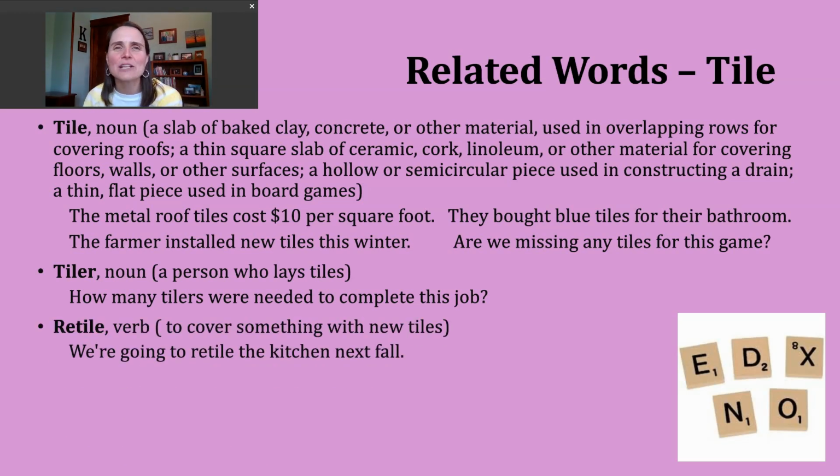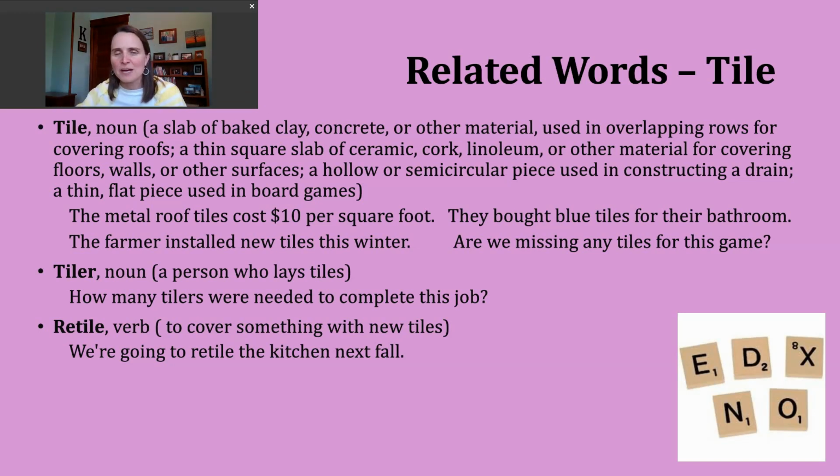One last related word for us today, it's the verb retile. Now I've added a prefix, RE. Okay. And generally, when we see this in English, I want you to think again, to do something over or to do it again. So here, the verb retile means to cover something with new tiles. So it was previously covered.